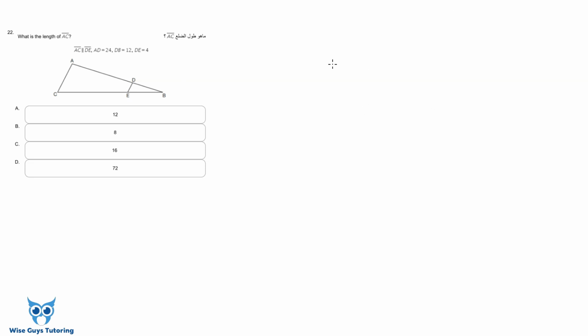When you have similar triangles, what that means is they have all 3 angles the same. And when they have all 3 angles the same, that means that they will have proportional sides. All their sides will be proportional. Let me show you what that means. So here I've drawn the 2 triangles. Let's say this is triangle ACB, the big one, and this one would be triangle DEB, and it also shares point B, right?